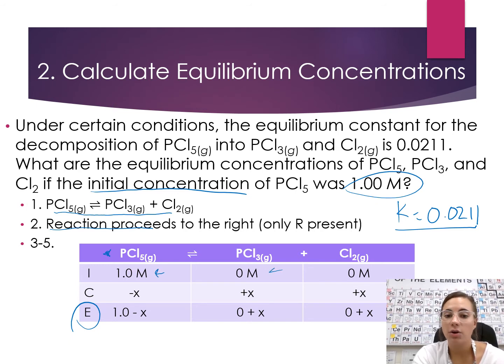I have no PCl3 or Cl2. I know it's going to the right, so this is going to be minus X, and plus X. None of those had coefficients because all of these coefficients are 1. Okay, so now I can combine the rows I and C and set them equal to E. So 1 minus X, 0 plus X, and 0 plus X.